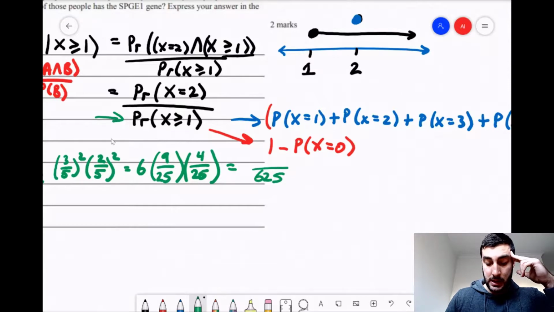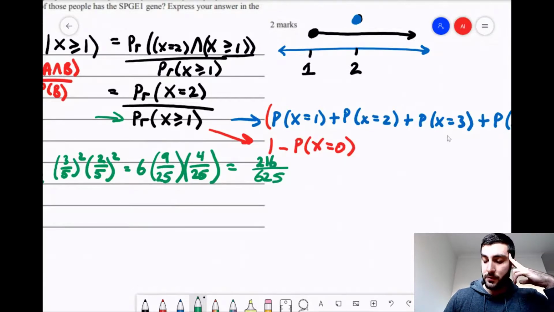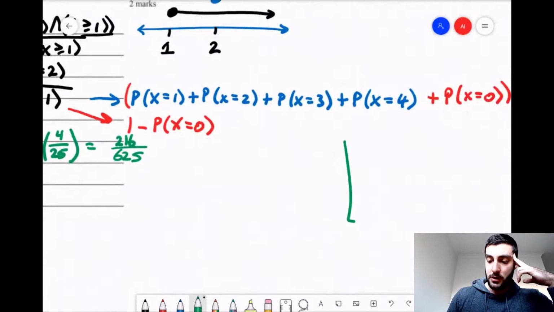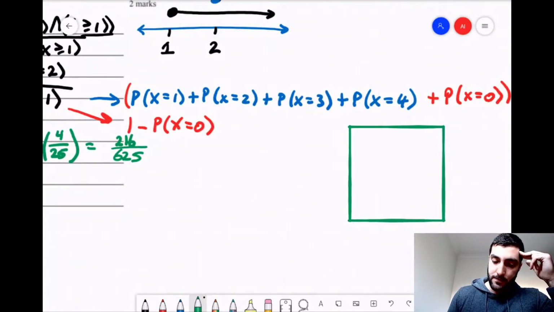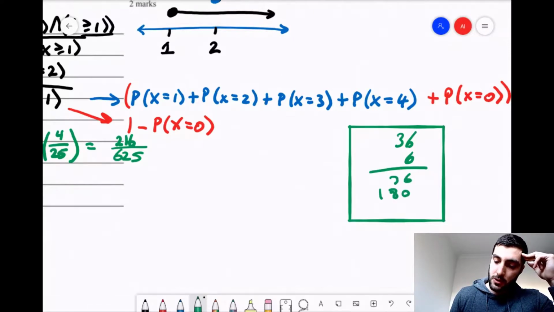And then if we multiply all these coefficients here, 9 times 4 is 36. 36 times 6 is 216. Don't be afraid, if you need to, find a little part of your worksheet and you can do that by hand if you wanted. 36 times 6, and do what you have to do.